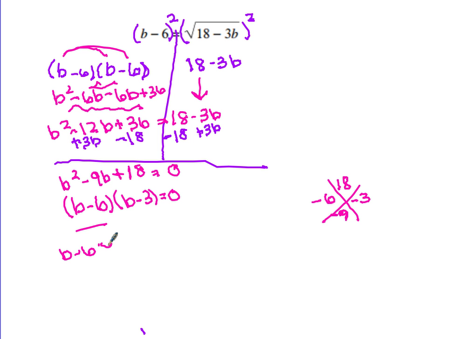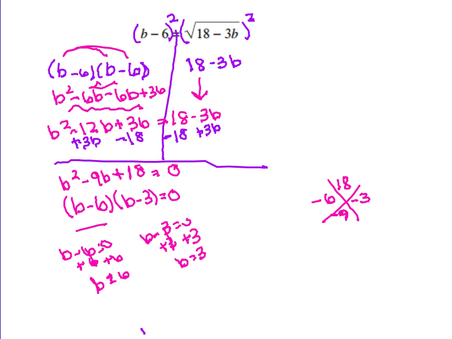And you can probably do this in your head, but if not, that's okay. So b is equal to 6, and add 3, b is equal to 3. So those are my two answers.